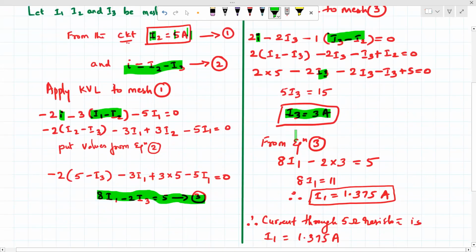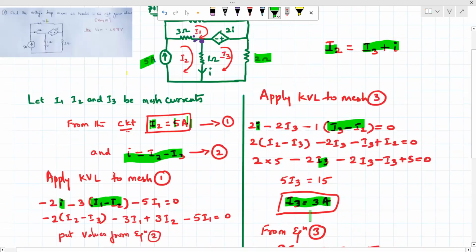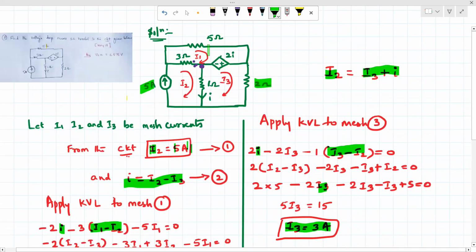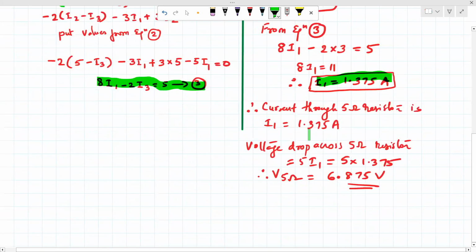So this I3 value we will put back in equation number 3, and then we will get the value of I1, which is equal to 1.375 amps. So the current through the 5 ohm resistor, which is I1, we have found to be 1.375 amps.